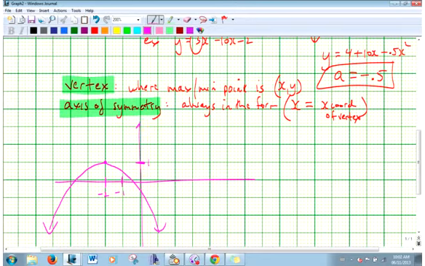This is 1 for y, and this is always x. So my vertex is, what's the coordinates? -2 and 1. That's the coordinates of the maximum point. That's the vertex, where it changes direction.